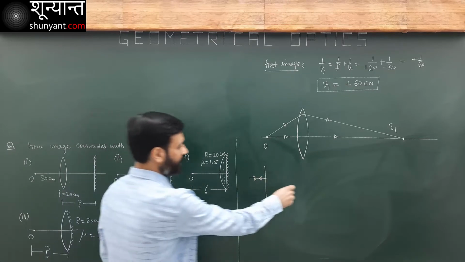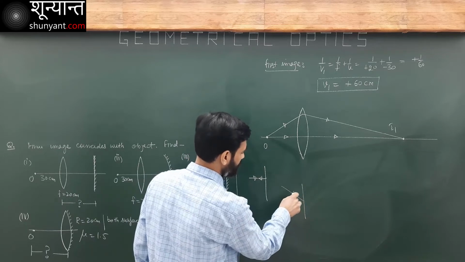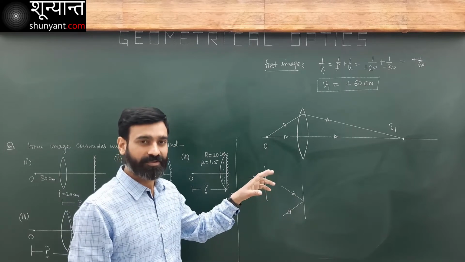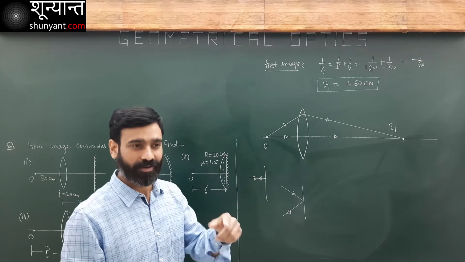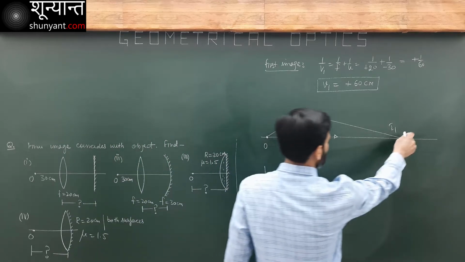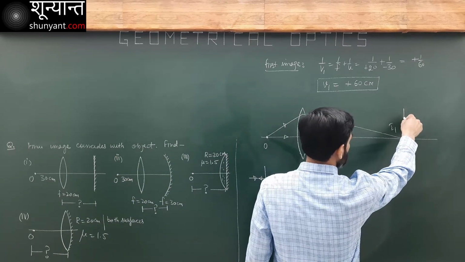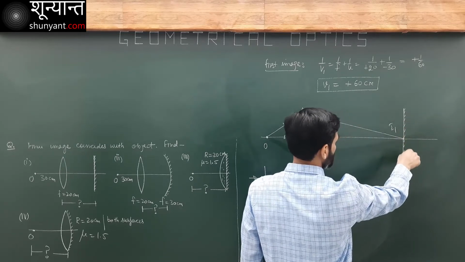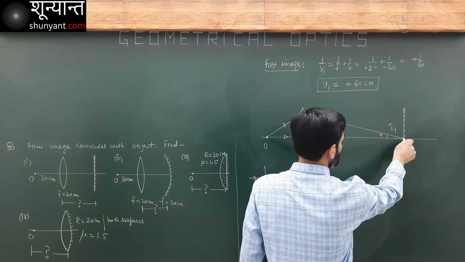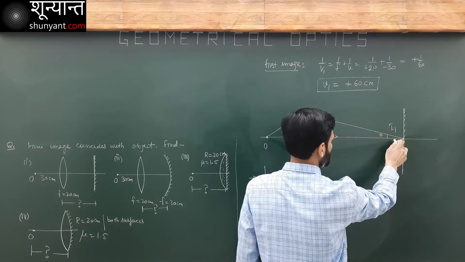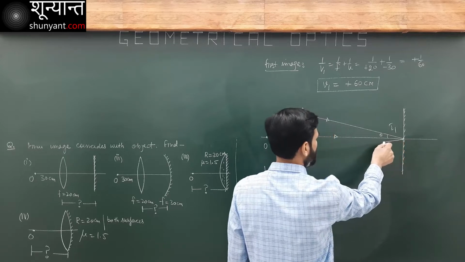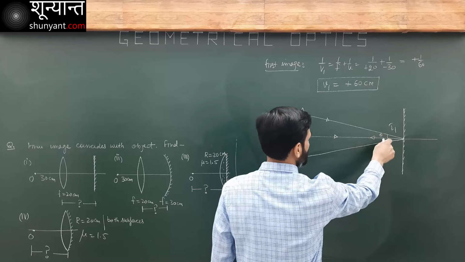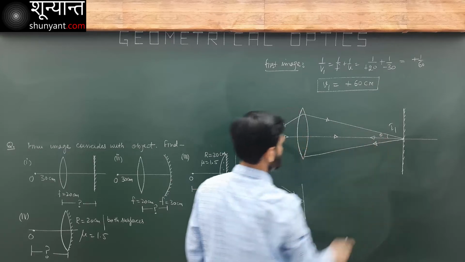But if I create a situation like this, it is going to be retrace-like. If I keep my plane mirror right where the image forms, whatever the angle here, it is reflected at the same angle, and this light is going to retrace, and this light is reflected in this direction.